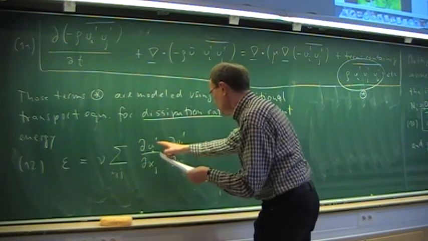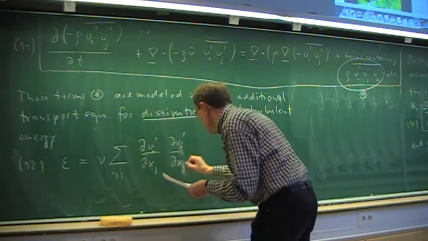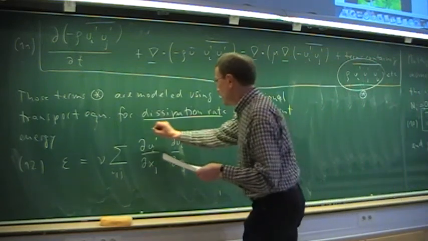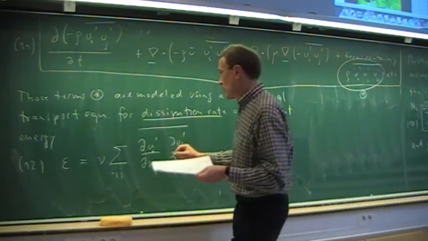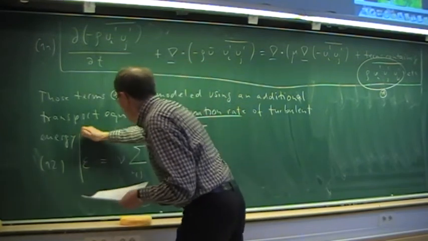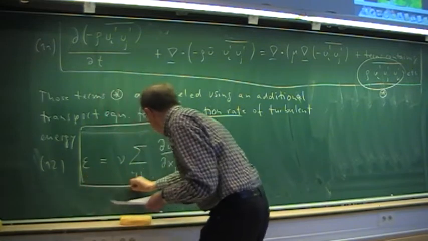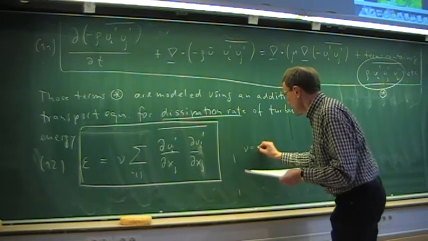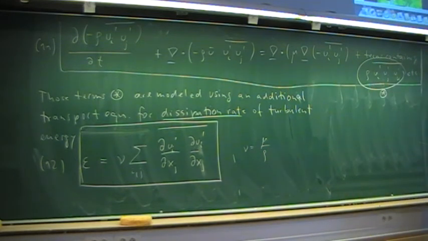It is du_i'/dx_j, and here it's du_i'/dx_j. So it's the product of itself, and we take the average of that. So that is the dissipation rate of turbulent energy. And nu, that is what we already had, that is the kinematic viscosity, nu over rho.